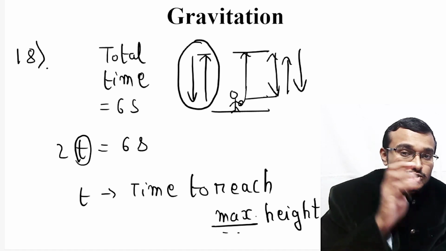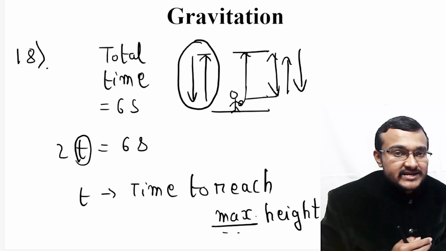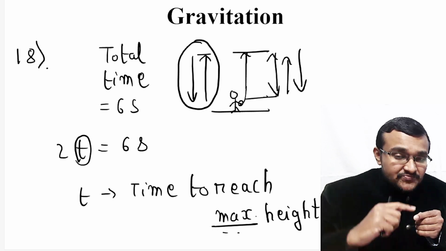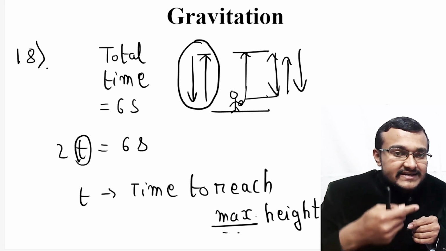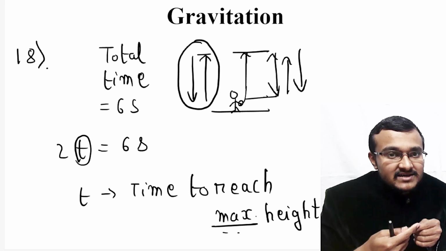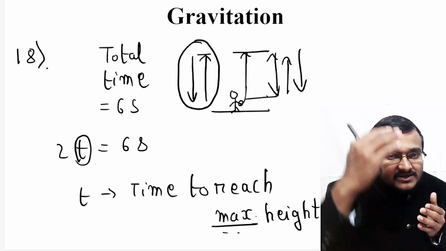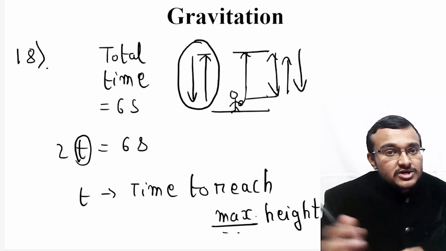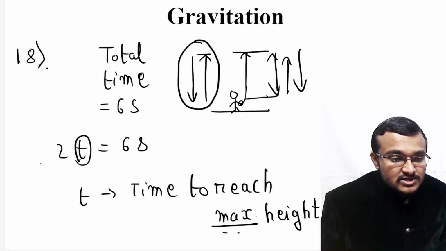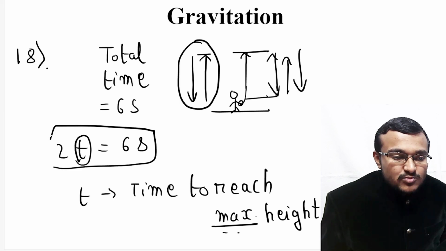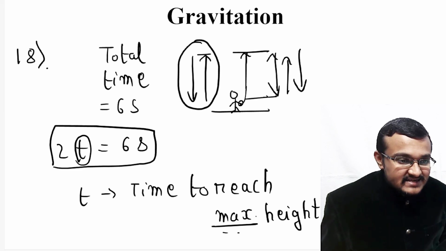That means here 2 times the time, because the time t it has taken to reach the maximum height, the same time t it will take to reach back to the thrower's hand. So 2 times the time t is equal to 6 seconds, or 2t is equal to 6 seconds.